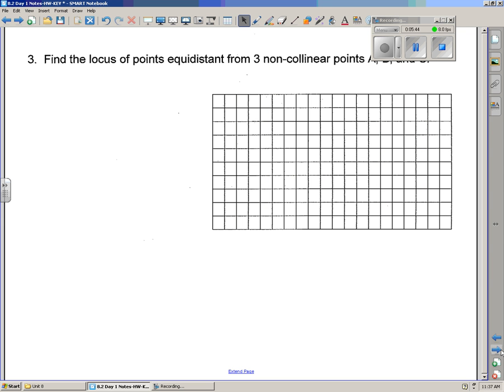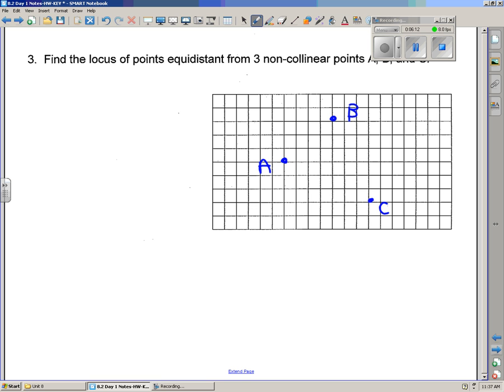Find the locus of points equally distant from 3 non-collinear points, A, B, and C. So I'm going to draw 3 points. I'll draw A here, B here, and C over here. These are points not on the same line, non-collinear. How am I going to find the intersection of those points?